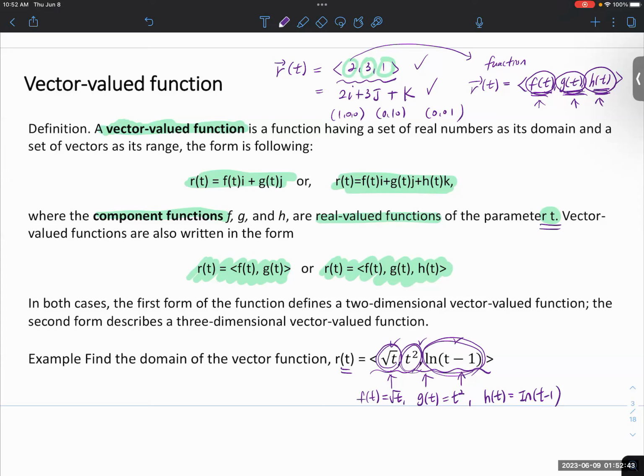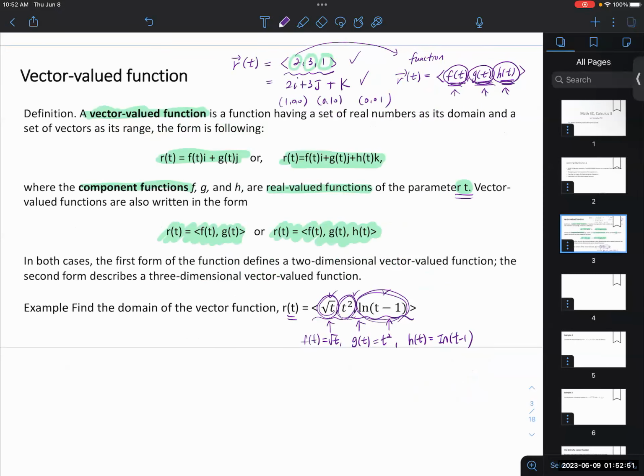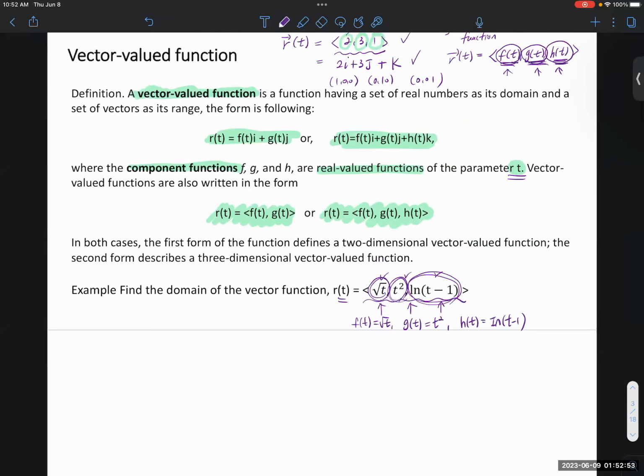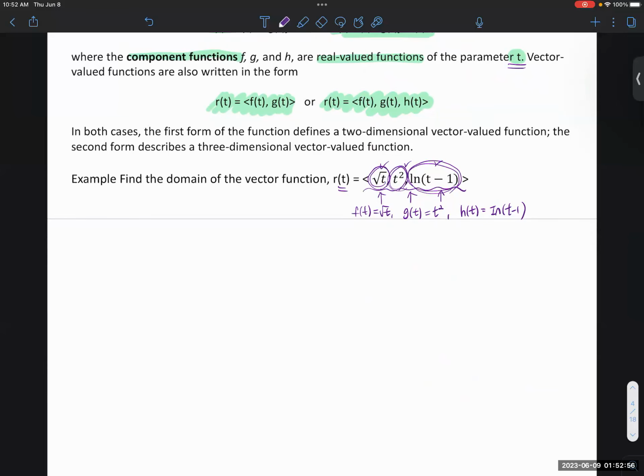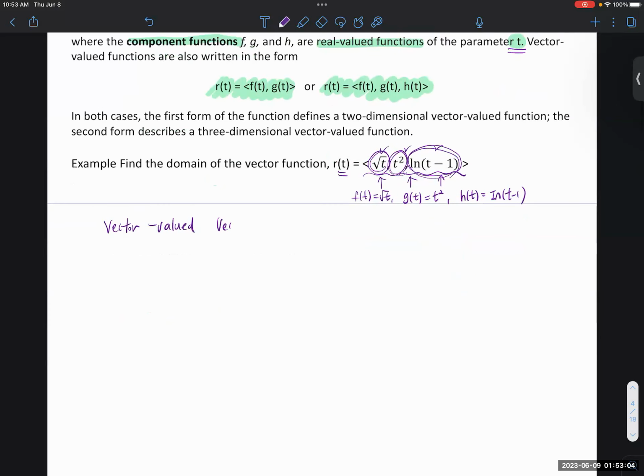Okay, so let's take a look at an example. The more we practice, the more confidence you can build up. So I have a space here. Let me just keep using the same example. One more time, I have a vector valued function. This is the given, where each component has a function form: radical t, t squared, ln t minus 1, correct?